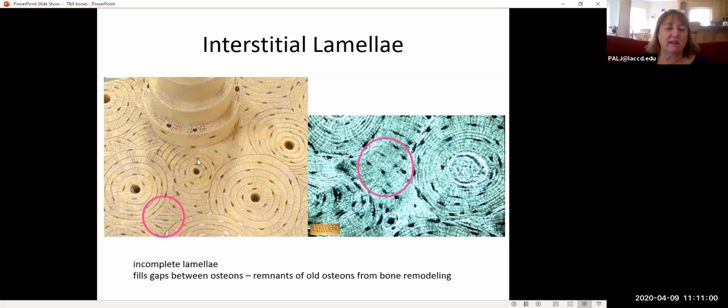And what you can see is there would be less and less of the osteon at 12 o'clock left behind. And so eventually you're just going to be seeing fragments of previous osteons, remnants of them that are left behind as the compact bone remodels. We'll be talking about remodeling later on.